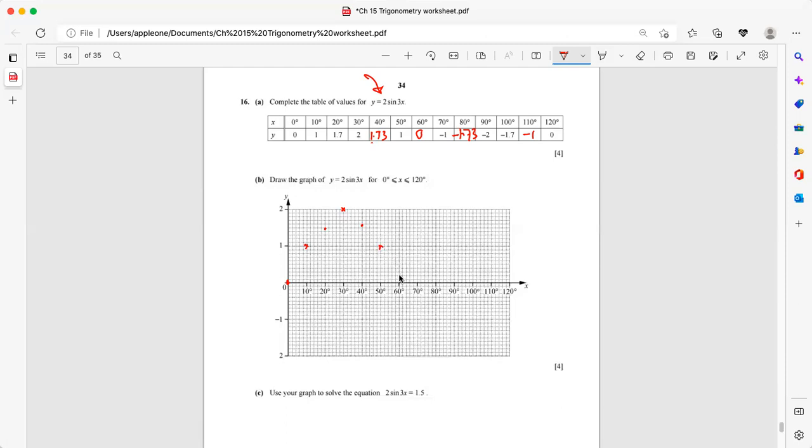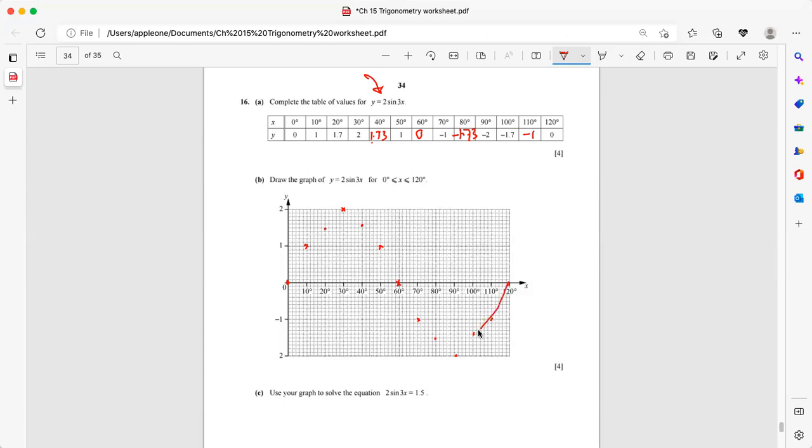And for 60, it's 0. Then for 70, it's minus 1. And for 80, it's minus 1.73. Let's say it's somewhere here. For 90, it's minus 2. And for 100, it's minus 1.7. Minus 1.7 is somewhere here. Then for 110, it's minus 1. And for 120, it's 0.